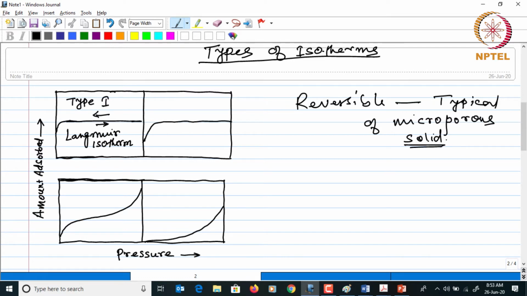Right, so this interaction between the adsorbent and the adsorbate will depend on the condition of the surface, especially with regard to the porosity. And in terms of the porosity, the solids can be categorized into different categories depending on the size of the pores. It is called microporous when the pore size is up to 2 nanometer.